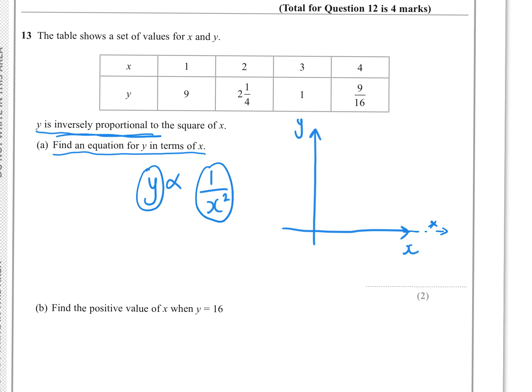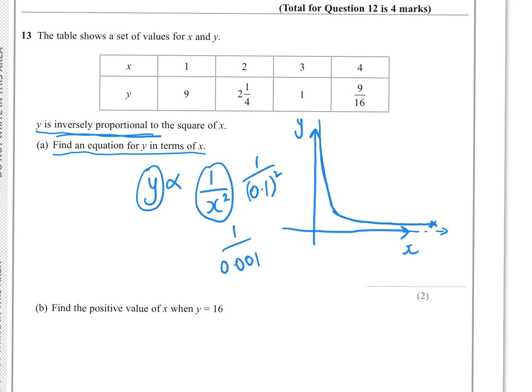Say 0.1, for example, 0.1 squared is 0.001. And 1 divided by 1,000th is 1,000. So we know that as x gets smaller and smaller, especially when x is between 0 and 1, we have this kind of situation happening here.